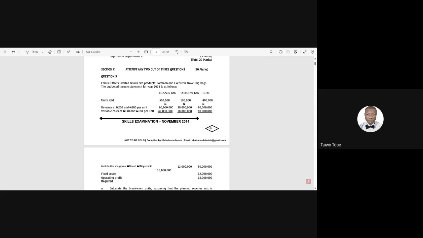And the value is 12 million. So your revenue minus variable cost overall in total, that is 90 million less 60 million, gives you 30 million.